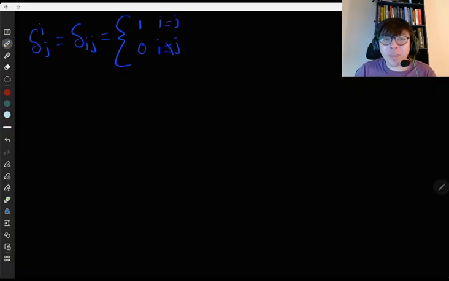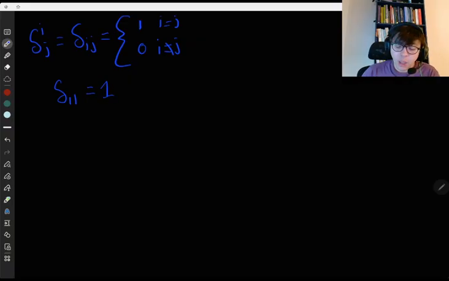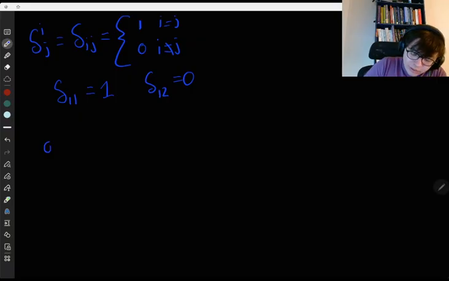And what that means is if I ever write this, for example, delta 1, 1, this means I will replace wherever I see this symbol with a 1. But if I ever write delta 1, 2, I will get a 0 because that's what the symbol does. And so where I'm going to introduce this is in the vector scalar product.